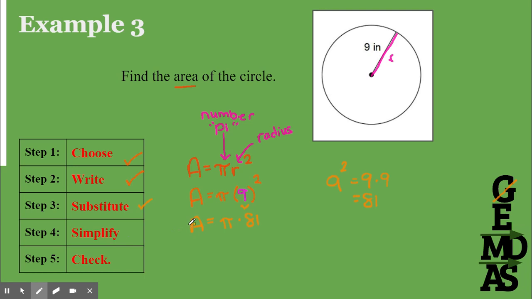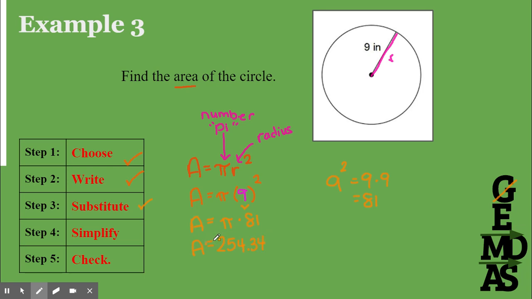Now in math, we could actually multiply this pi times 81. And I guess I should do that. Let me grab my calculator real quick. All right, so when I multiply pi times 81, there's a button on the calculator for pi. It equals 254.34.